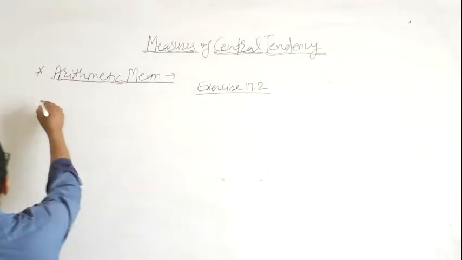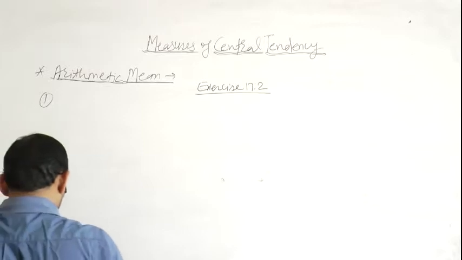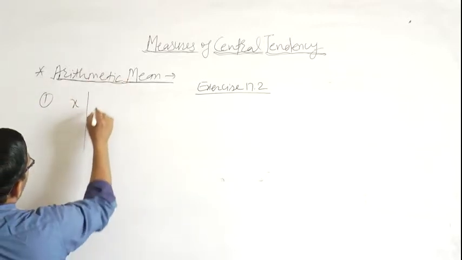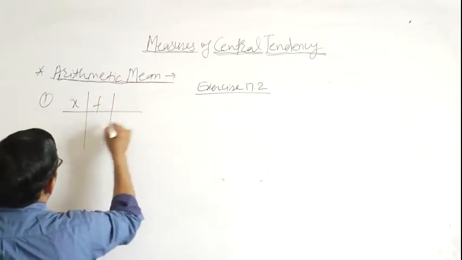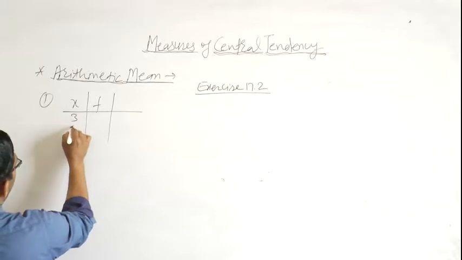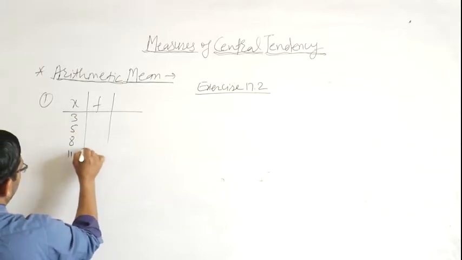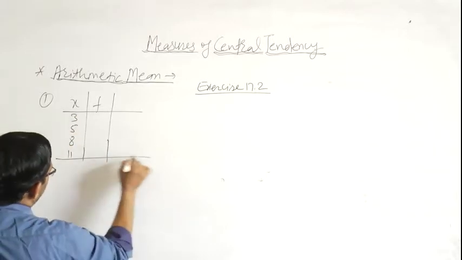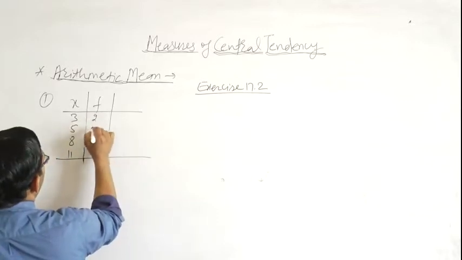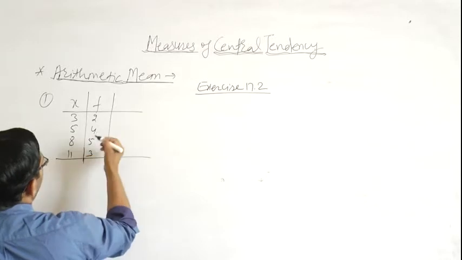Okay. The first question: x and f are given. So we make a simple table. Values of x are 3, 5, 8, 11. Their frequencies are 2, 4, 5, 3.